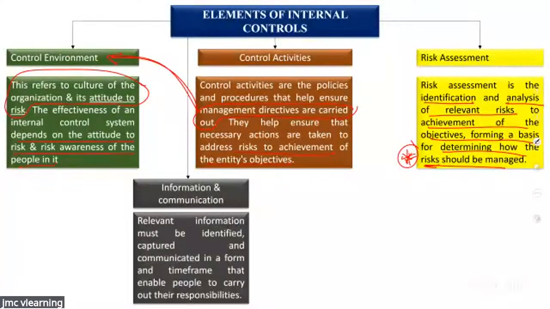Then information and communication. Relevant information must be identified, captured and communicated in a form and time frame that enable people to carry out their responsibilities. It must be communicated to the middle level and the lower level people, which will enable them to carry out their responsibilities.